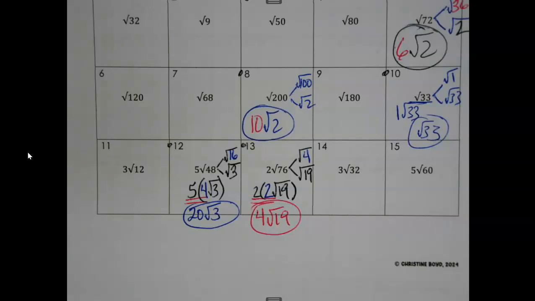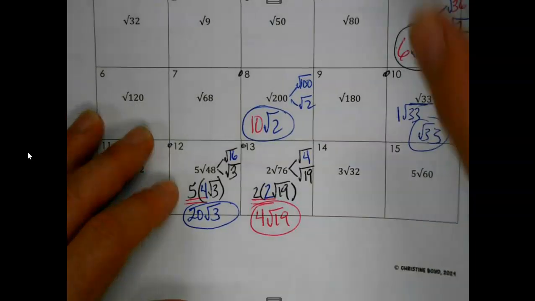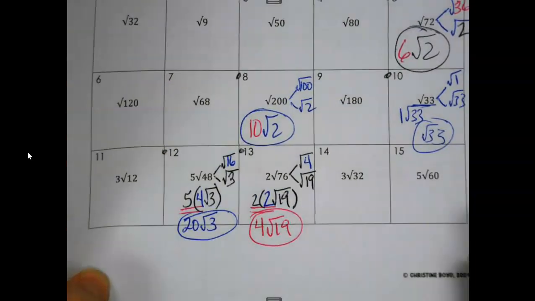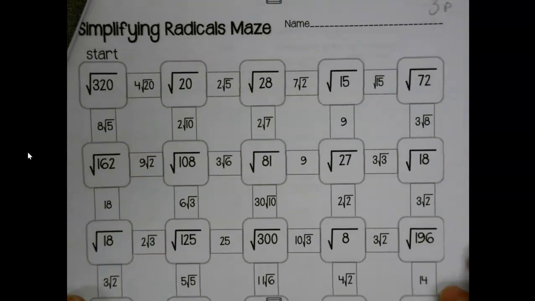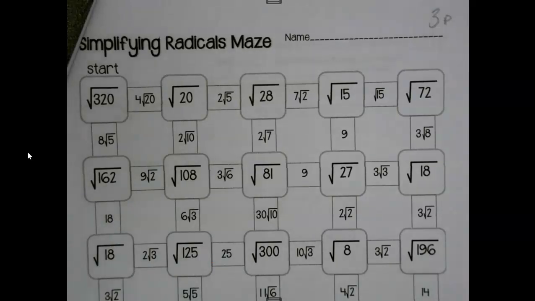Okay. So this is going to set us up great for tomorrow when we're doing solving with this stuff, because you're going to have a good background. So here's what we're going to do with this. And then I'll put this back up here at the end. We are going to go into the radical maze here over on 3P.